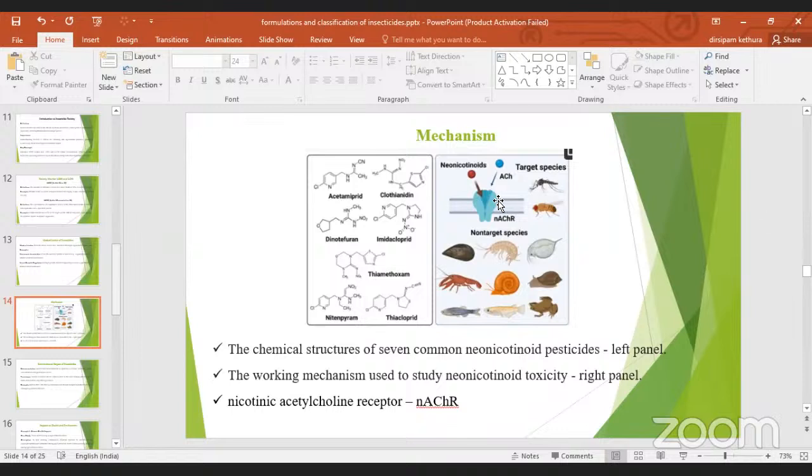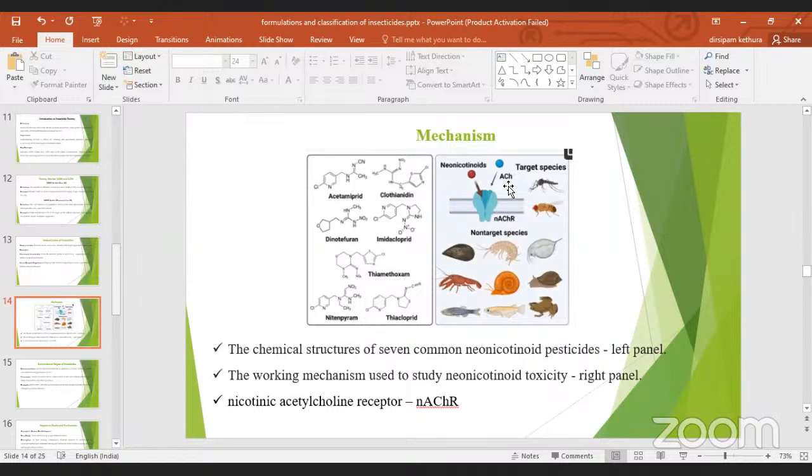Here, this is the receptor. If you could see my cursor, this is a receptor which you are going to see. Okay, when the neonicotinoids act on this, you could see the activity, the mechanism will be seen. The downstream signaling pathway will be affected such that it would be able to control the pests or it would kill the insects. This is about the mechanism.